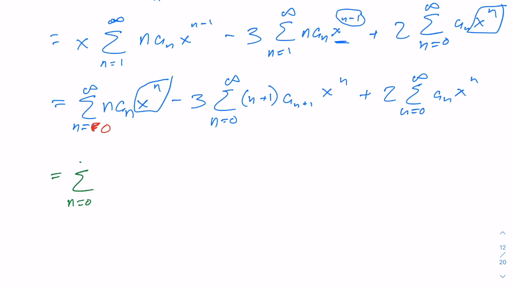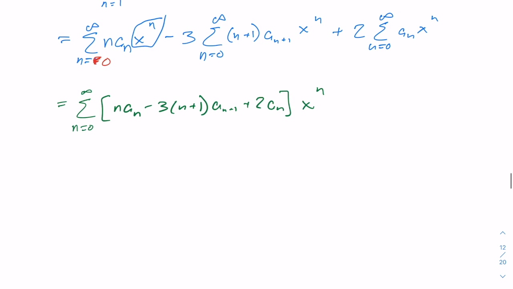The sum n equals 0 to infinity of what? n a_n minus 3(n plus 1) a_(n plus 1) plus 2a_n.